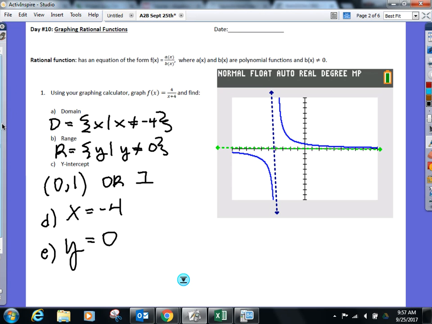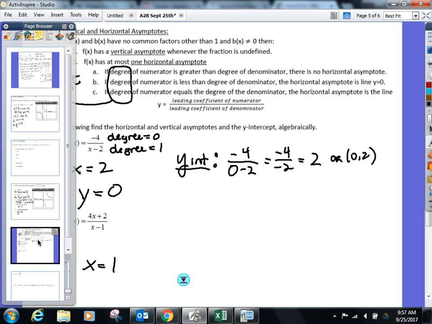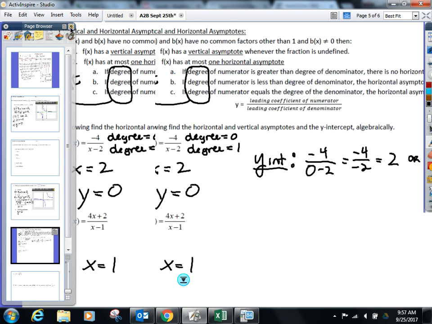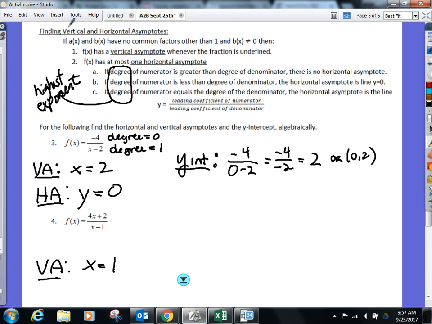So apply that knowledge here. If the asymptote's at x equals 1, my domain is x cannot equal 1. Everyone see how they relate?